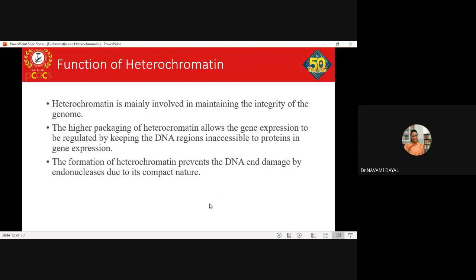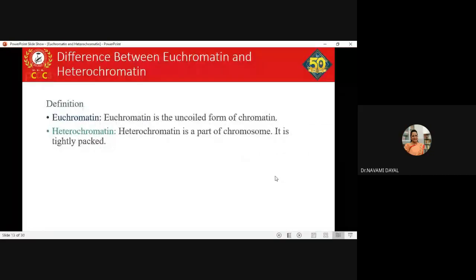So those regions become inaccessible to the endonucleases, and therefore in this manner it also prevents DNA damage. Clear everyone? DNA damage to the end regions. Clear? Yes, ma'am. Now we start with the difference between euchromatin and heterochromatin, taking into account different points.